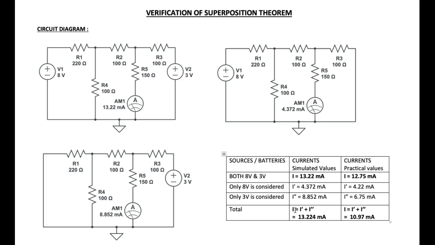At that time the current value we got was 13.22 milliamps, and according to superposition theorem, I is equal to I dash plus I double dash, and the summed up value we get is around 13.224 milliamps, so it is equal. And practically, when we applied the superposition theorem, we got the summed value at 10.97 milliamps, and practically when measuring the circuit we got 12.75 milliamps, almost equal.